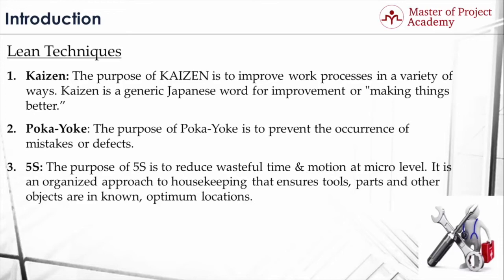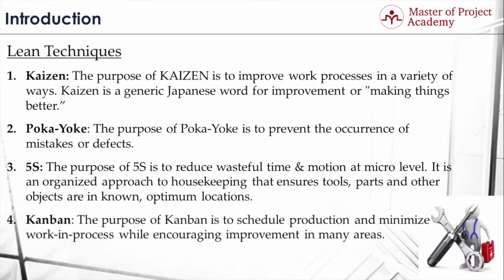4. Kanban. The purpose of Kanban is to schedule production and minimize work in process while encouraging improvement in many areas. Kanban establishes a small stock point, usually at the producing work center, that sends a signal when items are withdrawn by a downstream process. The producing work center replaces the items removed.